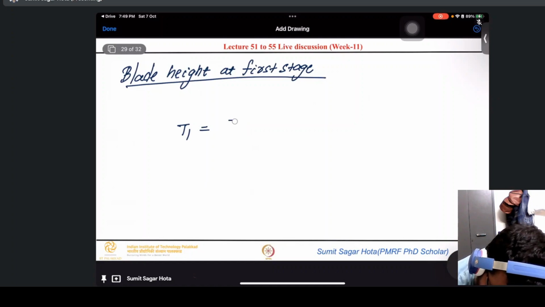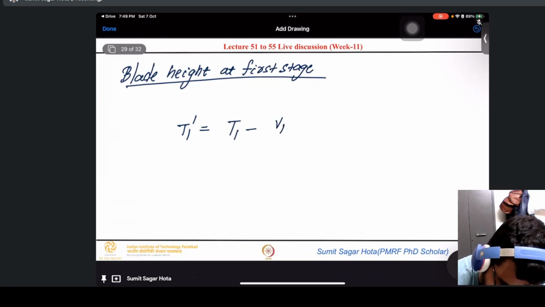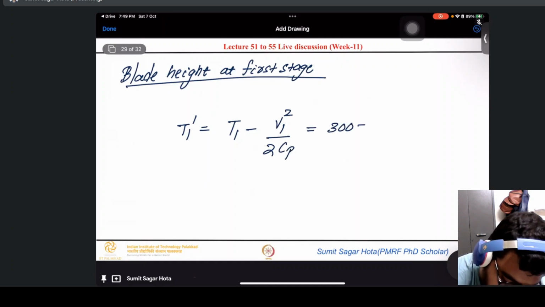Okay, so T1 dash is equal to T1 minus B1 square divided by 2 Cp. Okay, so what is T1 given? 300 minus B1 square.